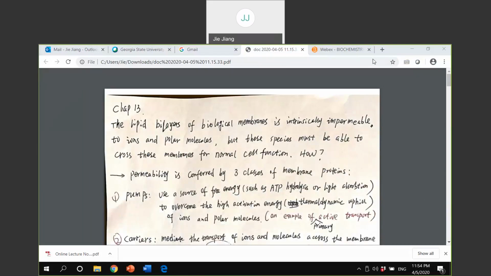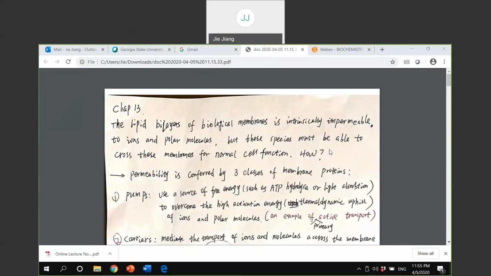The lipid bilayers of biological membranes are intrinsically impermeable. Basically, we see the inner membrane of the mitochondria is impermeable, which means it cannot let ions and some polar molecules pass through.